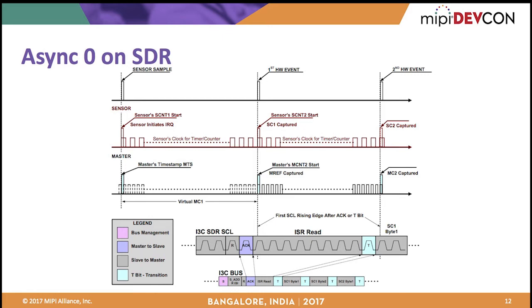Now, it is possible that getting to the first hardware event takes long. The master might be busy doing something else, or it was actually NACKing, not acknowledging the request, or blocking the request of the slave. So consequently, if it does that, it is possible that this number is going to be too small, and consequently the quantization error is going to be large.